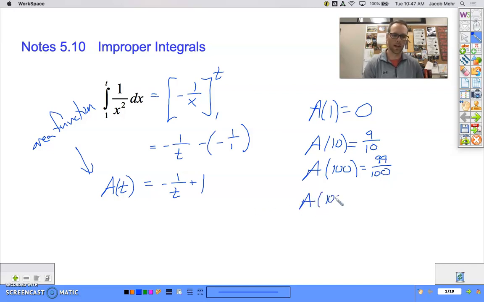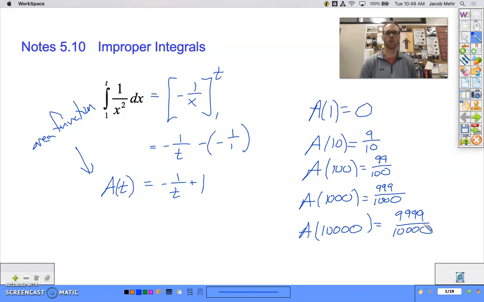Let's say we put in 1,000. Well, that'd be negative 1/1,000th plus 1, which would be 999/1,000ths. Let's say that we put in 10,000. Well, that would just be 9,999/10,000ths. And I want you to look at what's happening with this and try to make an observation.